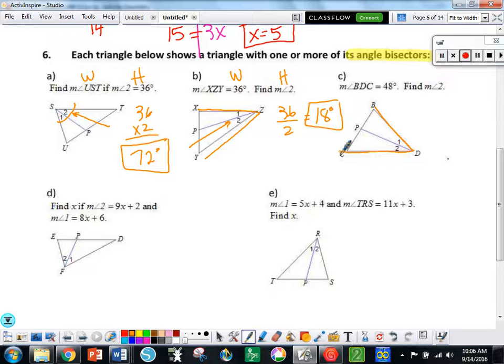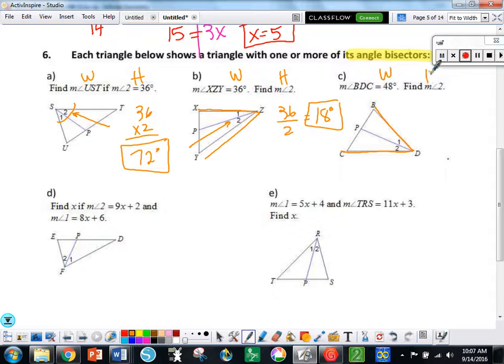Make sure if I don't see the answer, it's going to come back. Okay, this is the whole, right?